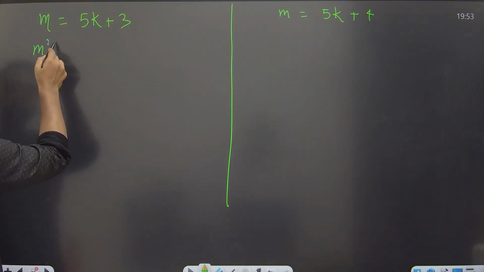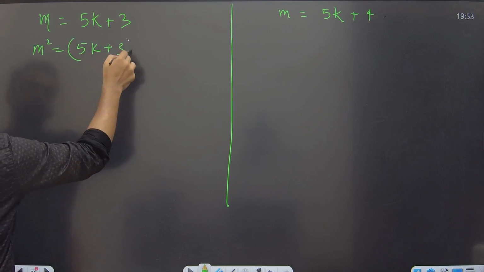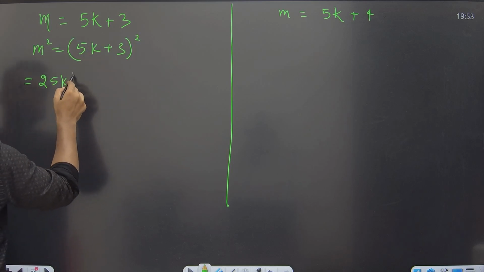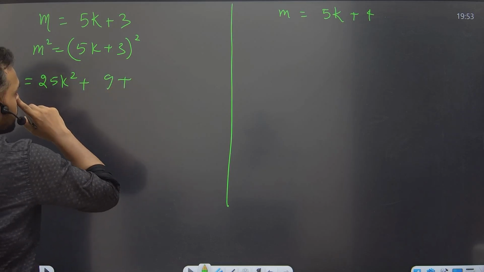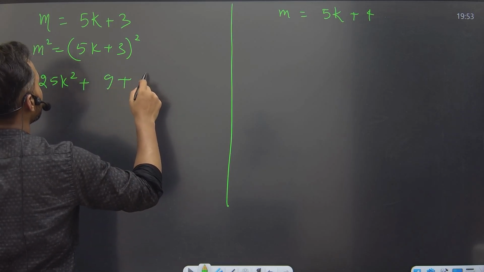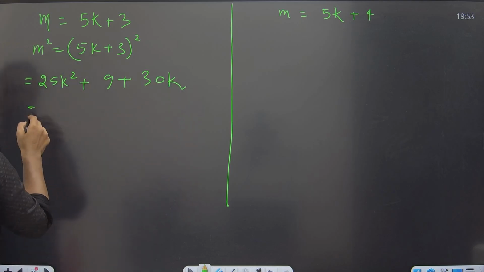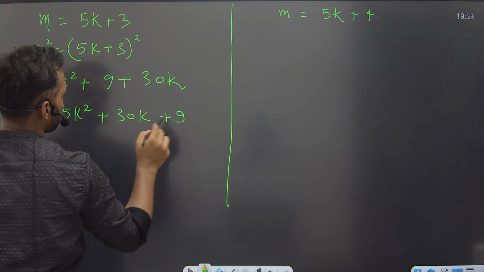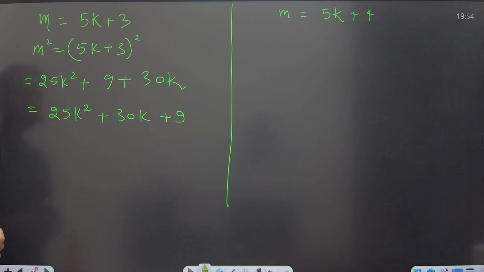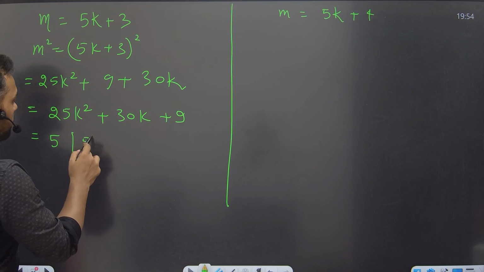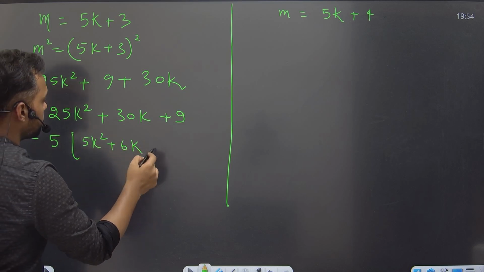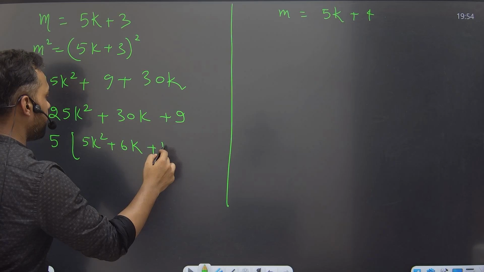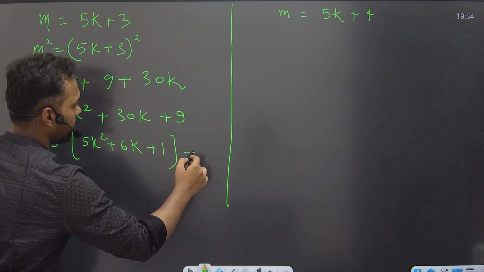So m square will be equal to (5k plus 3) whole square, that will be 25k square plus 9 plus 30k. Now we can see 25k square plus 30k plus 9. Again, if I take 5 common out from here, it will be 5k square plus 6k. For example, if I am taking 1 here, negative 5, it will be equal to 4.